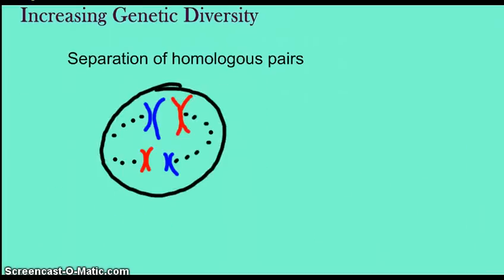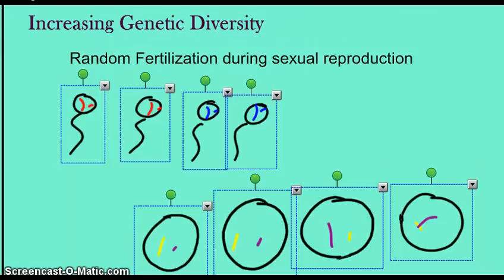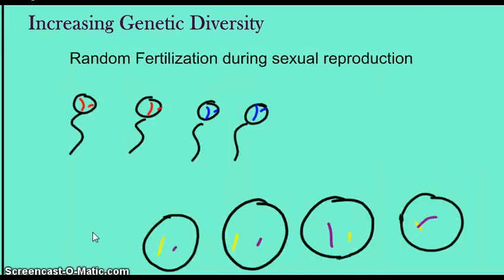So the final way that genetic diversity can be increased is through random fertilization during sexual reproduction. And what this means is that we have egg cells here, here, and here. We have sperm cells here, here, and here. And those cells, depending upon which cell fertilizes the egg, can create different kinds of offspring.